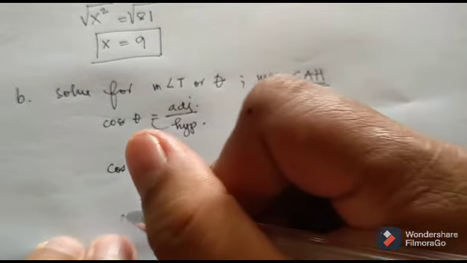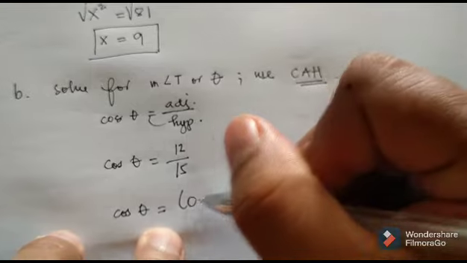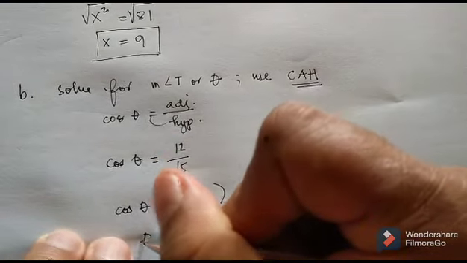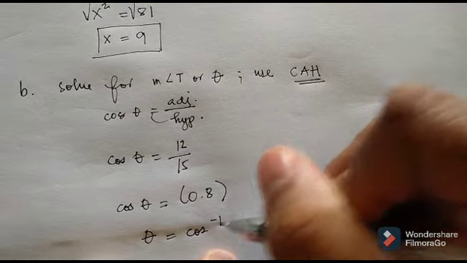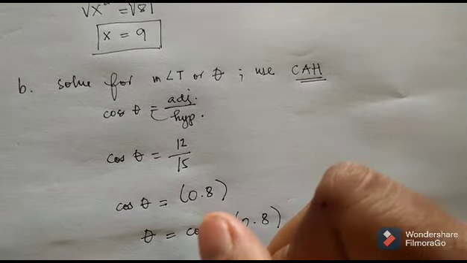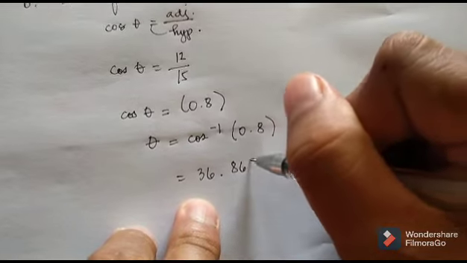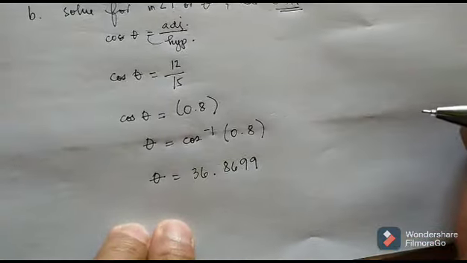As we divide, cosine theta is equal to 0.8. Or to find the measure of the angle, theta is equal to the inverse cosine of 0.8. So therefore, you would have 36.8699. That would be our theta.